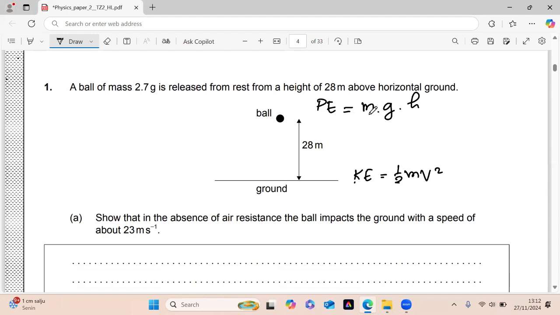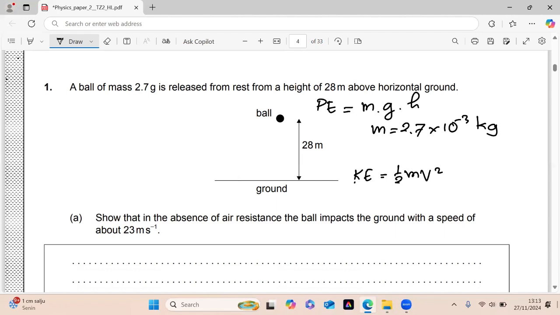M is mass. It's 2.7 grams. I would like to convert the mass into kilograms: 2.7 times 10 power minus 3 kilogram. And it has height 28 m, and gravitational acceleration 9.81.